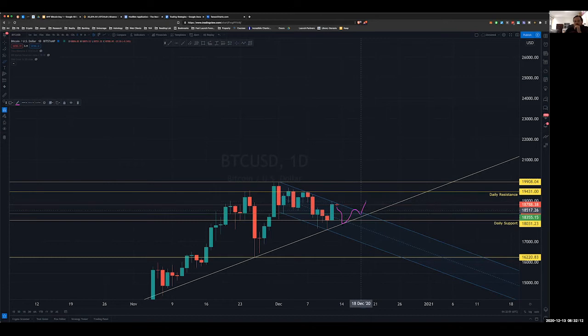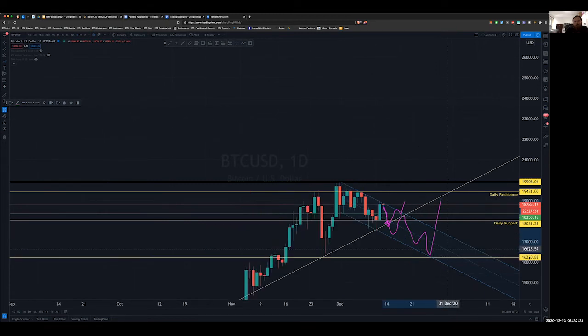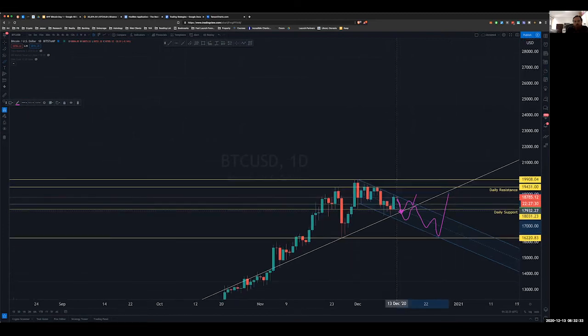But if we break this trend here, then it could also just follow this channel, and potentially channel down back to this support line and then break out or break down further. So on the shorter time frame, that's a potential area of interest for me trading-wise.